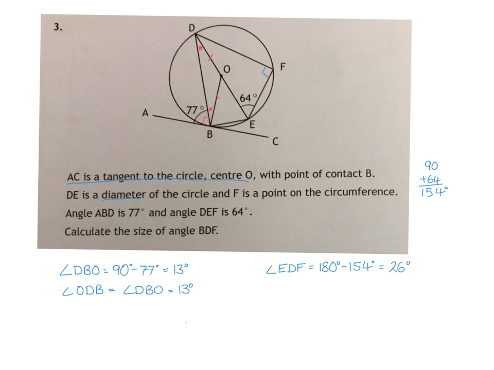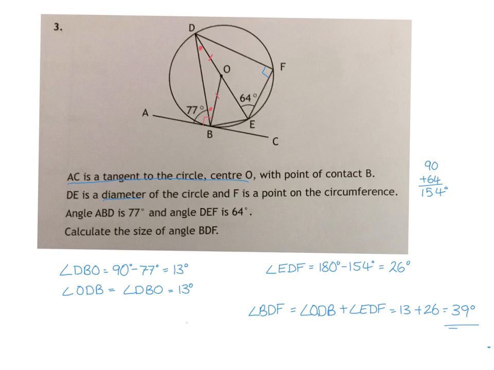So we've got to find the size of angle BDF, which is equal to angle ODB plus angle EDF. So that's going to be 13 plus the 26, which is 39 degrees.